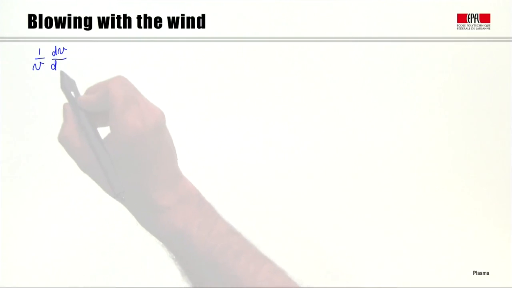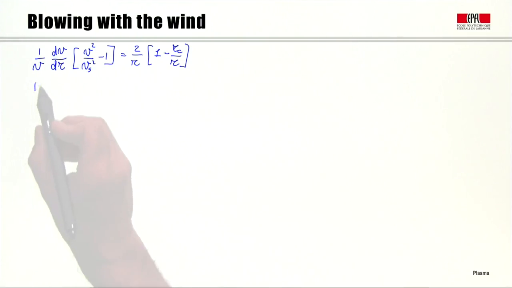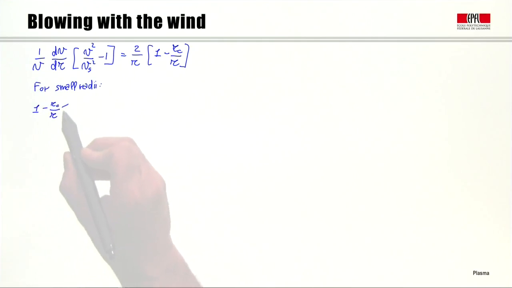Let's now see which are the consequences of this equation. For small radii, 1 minus the critical radius divided by the radius is smaller than 0.